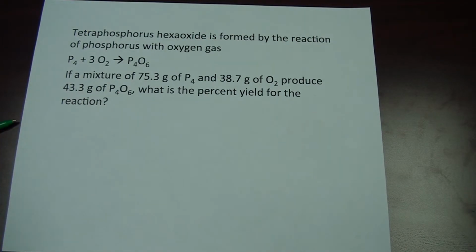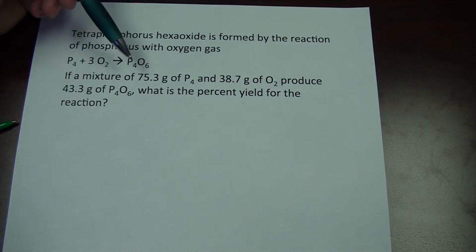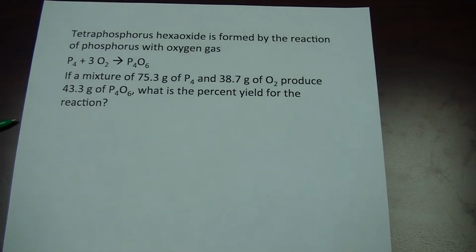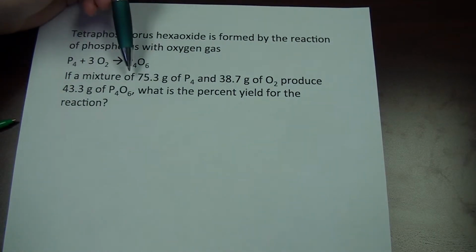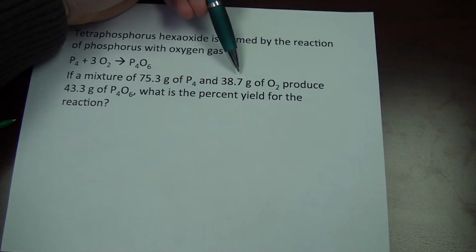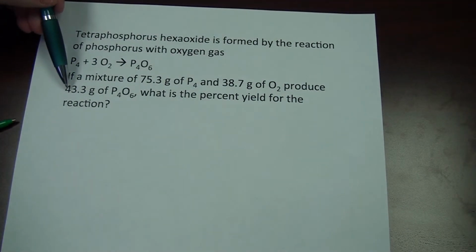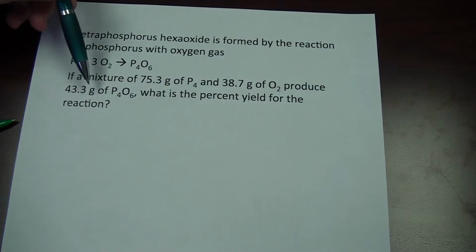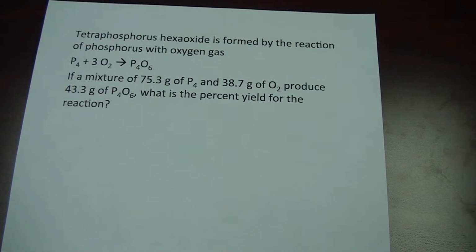Again, make sure it's balanced. It is. But a mixture of 75.3 grams of phosphorus and 38.7 grams of oxygen produce 43.3 grams of tetraphosphorus hexaoxide. What is the percent yield of this reaction?